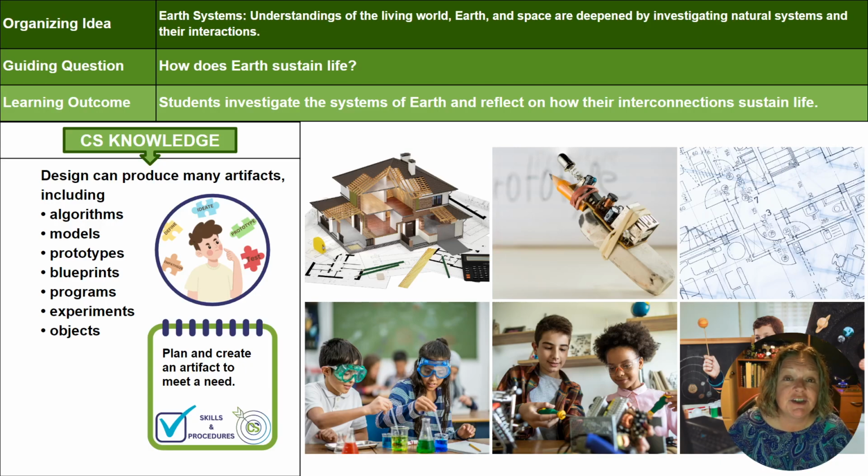But then in addition to being an algorithm, it can also be a model, a prototype, blueprint, program, experiment, object, and notice it says including, meaning these are just some of the things that could qualify as being an artifact. So really anything that we have the students creating or making or building, whether it be a physical model or something that they're creating digitally on the computer, it qualifies as an artifact.